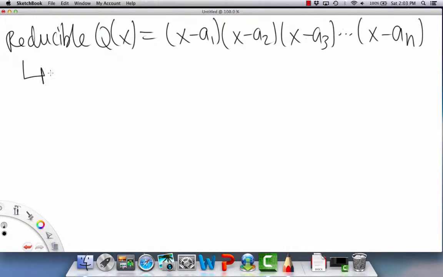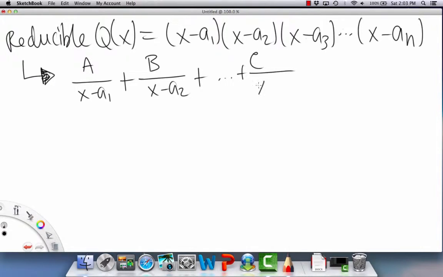Then our partial fractions will look like a over x minus the first thing, plus b over x minus the second thing, all the way up to c over the last thing you're given on the bottom.